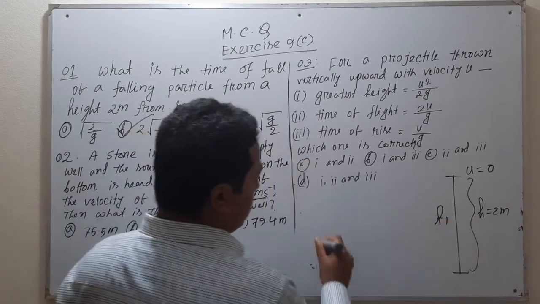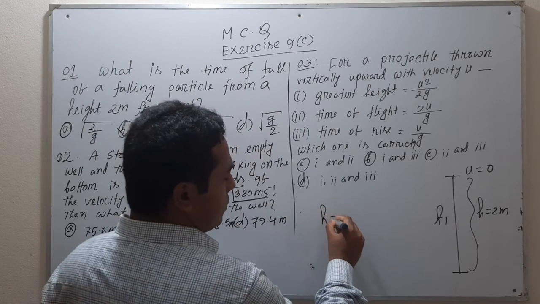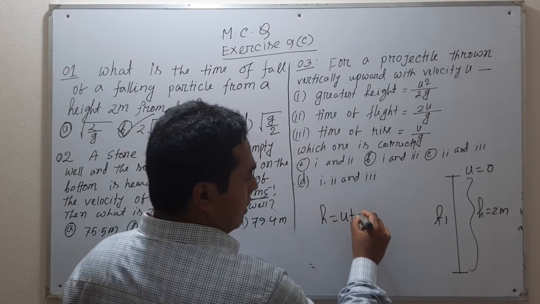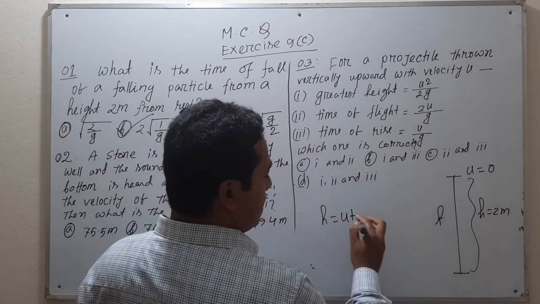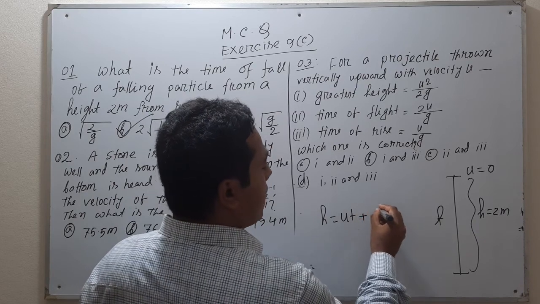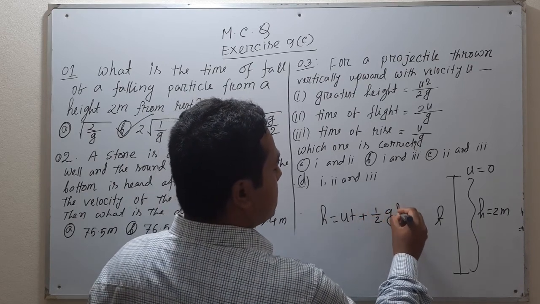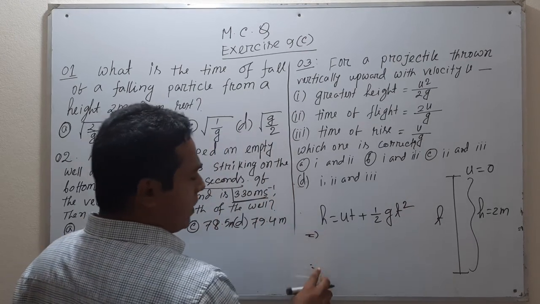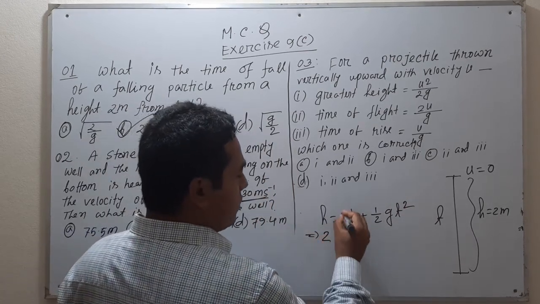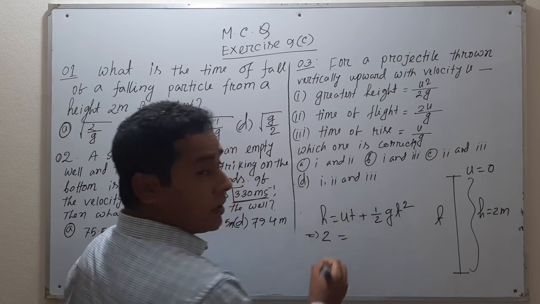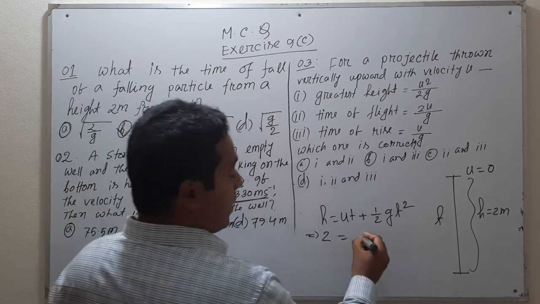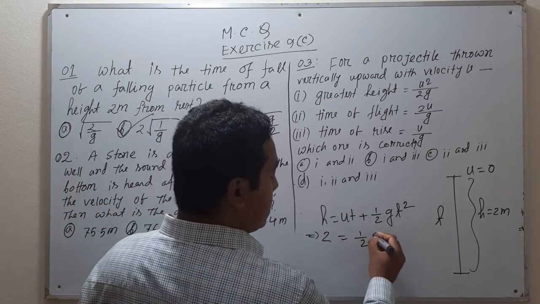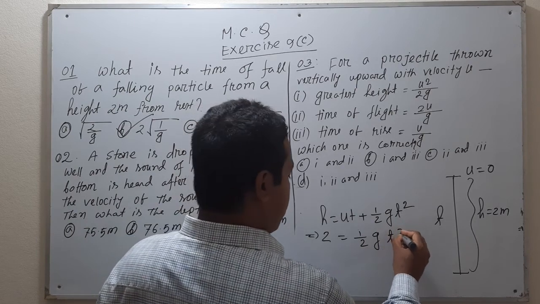So we know that h is equal to ut plus half of gt square. Here h is equal to 2 and u is equal to 0, that's why ut is equal to 0 plus half of gt square.